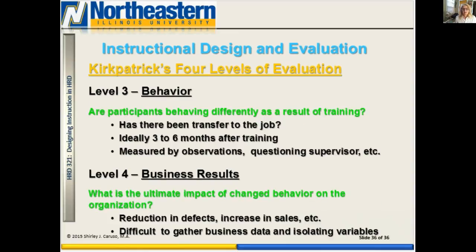Level 3 answers the question, are participants behaving differently as a result of training? In other words, did the training transfer onto the job site? Level 4 measures business results. In other words, what is the ultimate impact of changed behavior on the organization?